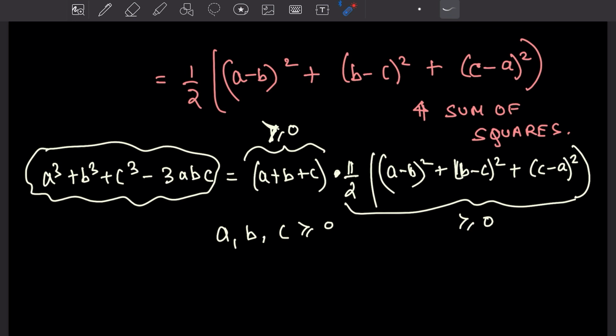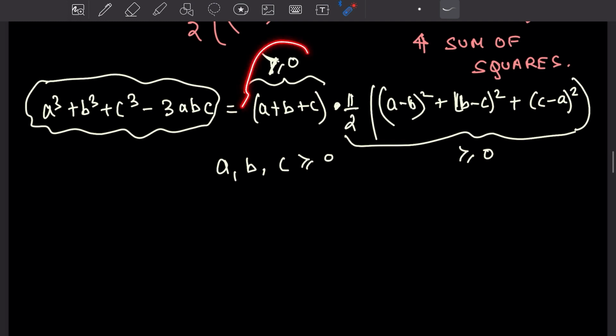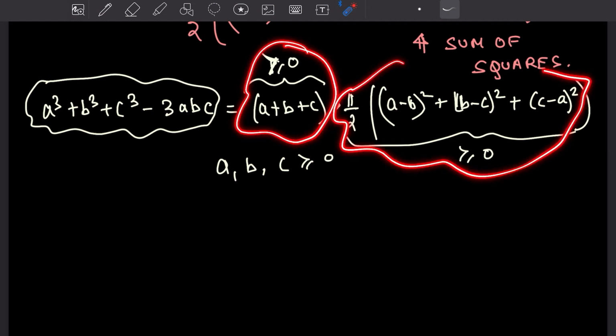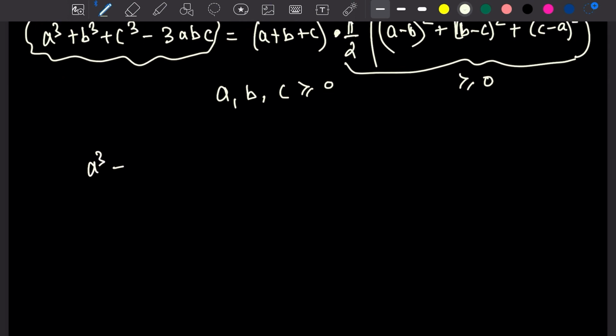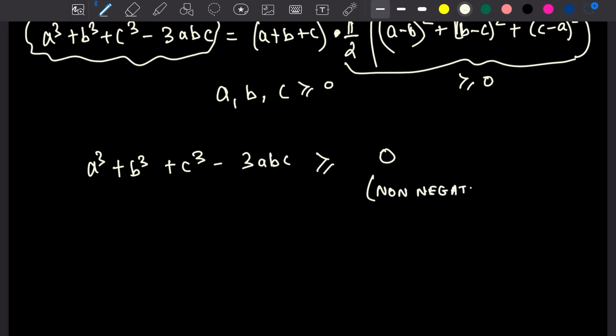So it's a property of real numbers that square numbers are always non-negative. So what we just figured out is that this is non-negative times non-negative, which means a cube plus b cube plus c cube minus 3abc is greater than or equal to 0, because it's non-negative times non-negative.